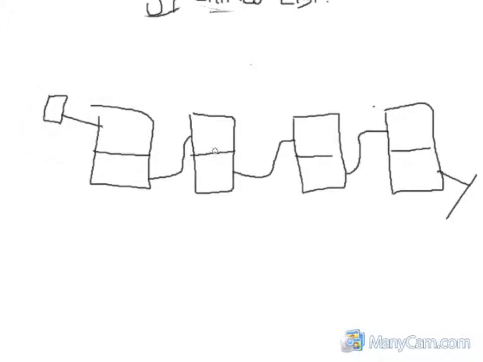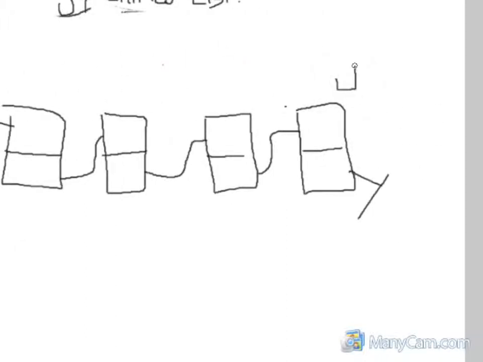So we got our head here, we got our tail here. And since we want to delete this guy, our temporary pointer is going to move all the way here, while the previous one is going to move here.